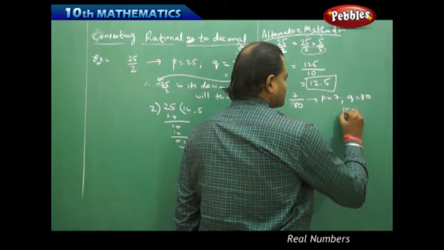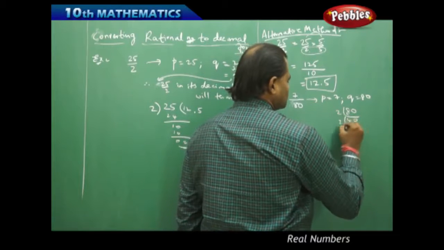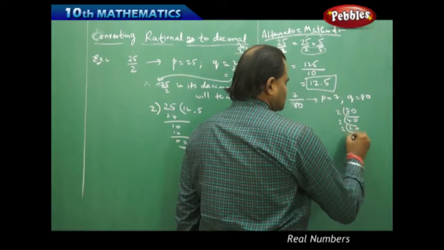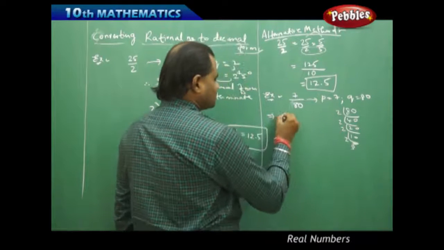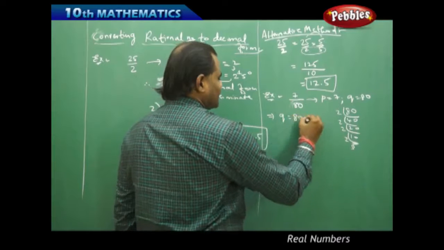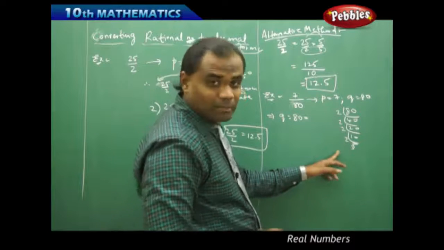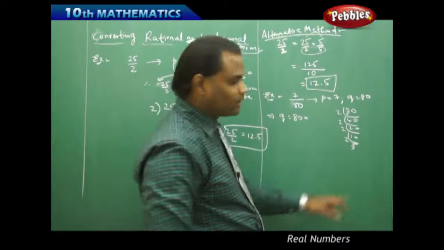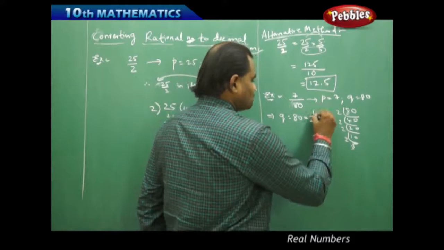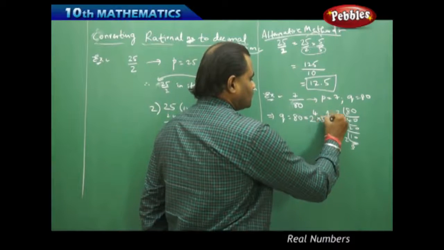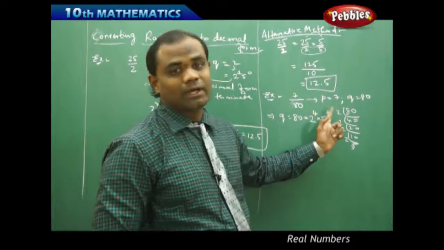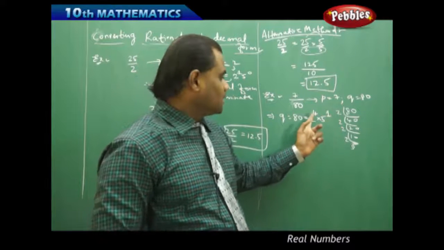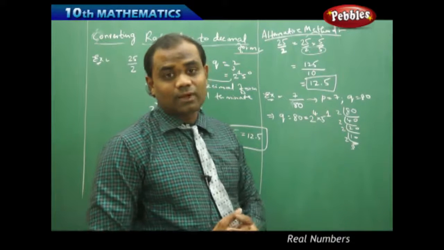So when I take the factors of 80, 2 40s, 2 20s, 2 10s and 2 5s, I can clearly see that 80 can be expressed as 4 multiples of 2 and 1 multiple of 5. So 80 can be written as 2 power 4 into 5 power 1. So clearly this is in the form 2 power n into 5 power m, where n is 4 and m is 1.